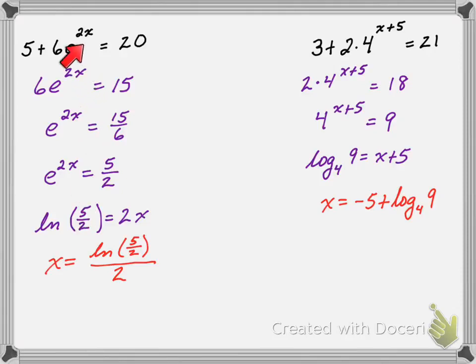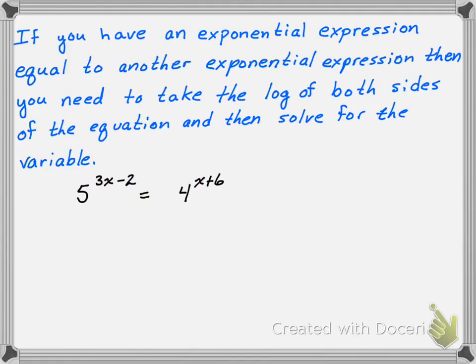And then since this problem had e as a base value, that means you're going to have natural log in your answer. This did not have e as a base value, and therefore you have a common log as an answer. All right, so let's move on to the last type of problem that we're going to discuss.